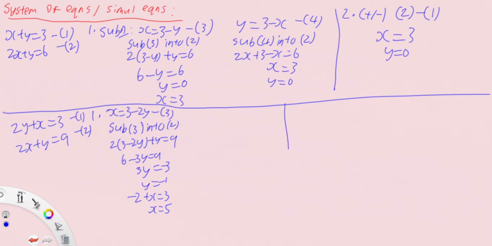Now we look at the plus or minus method. Let's say we want to change the method, so we want to use the plus minus, and we're going to eliminate x by subtracting. We notice that the coefficient of x is 2 in equation number 2, whereas the coefficient of x is 1 in equation number 1.